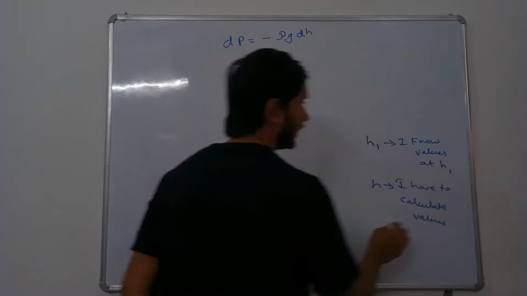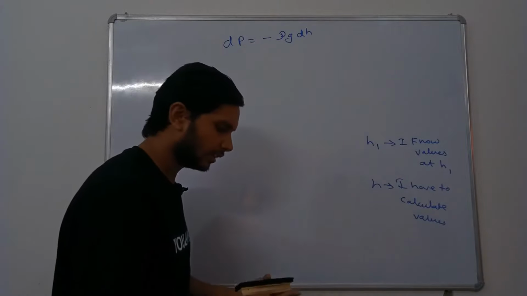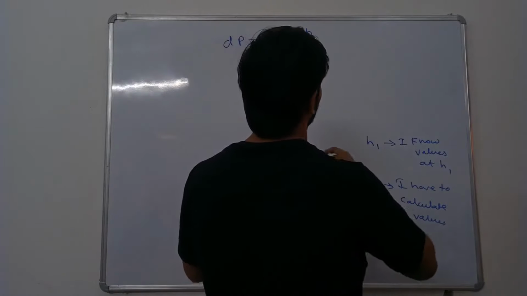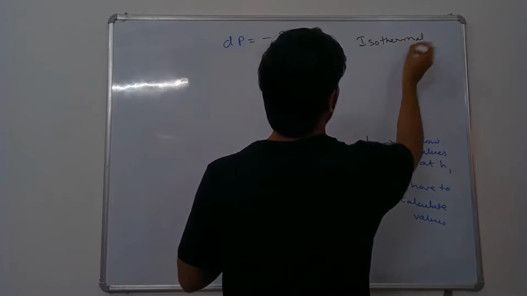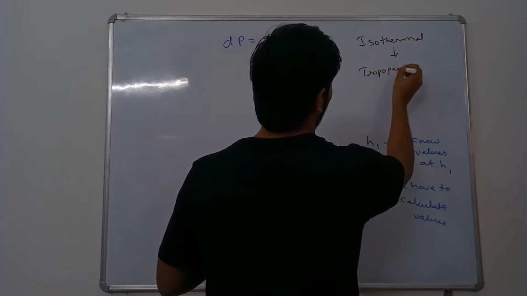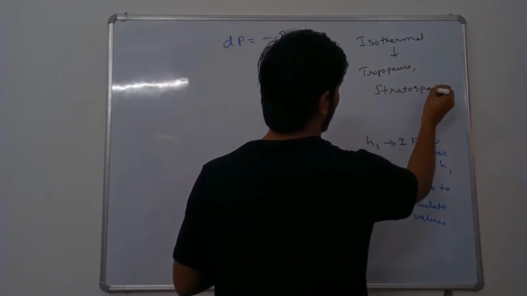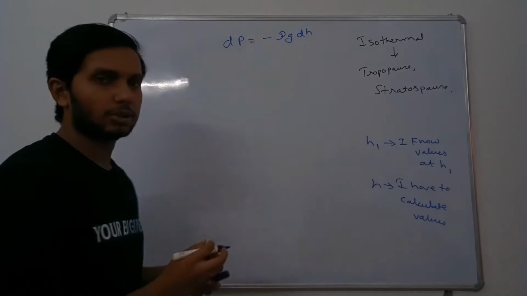Now I told you that isothermal layer means either tropopause or stratopause. So wherever the pause will be there, we will get the isothermal layer.